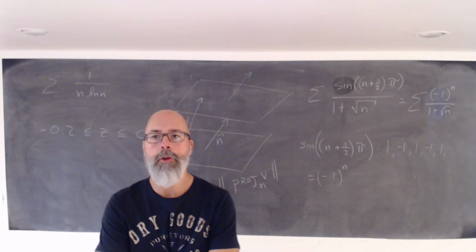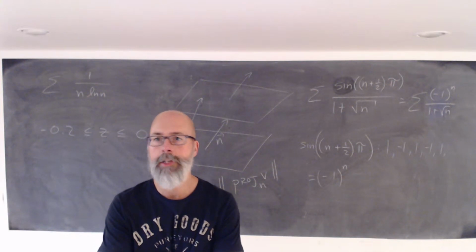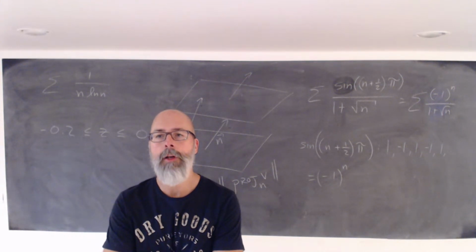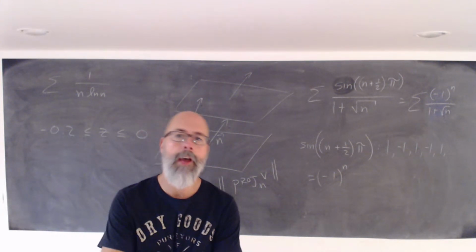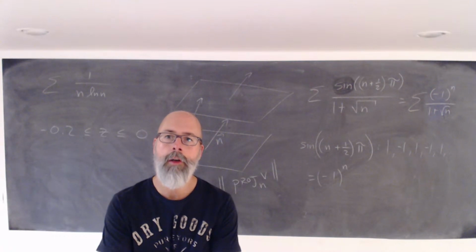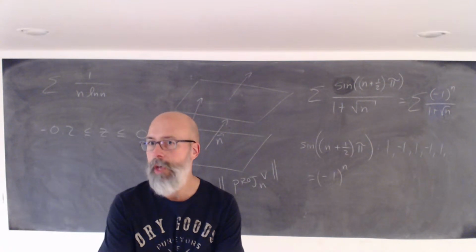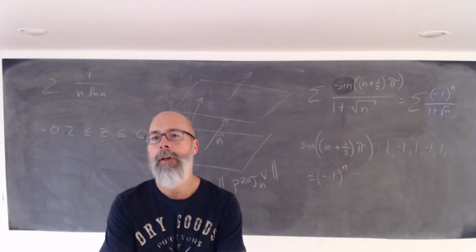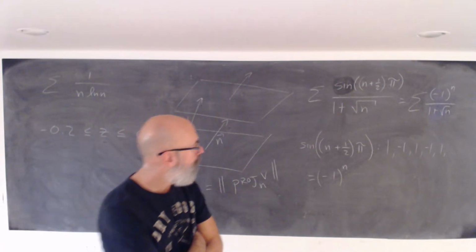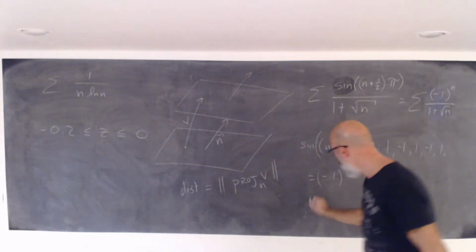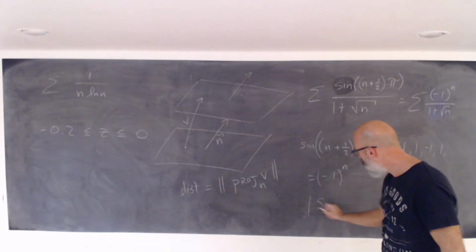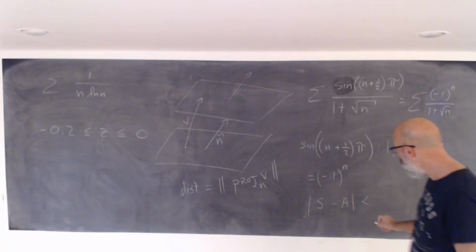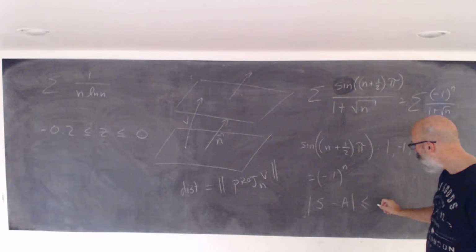Vivian is asking, when you're using the alternating series test error estimate, is the real value between the sum minus the error and the sum plus the error? Short answer, yes. Because what you're really showing is that whatever the sum is minus the approximation is less than or equal to the next term in line.